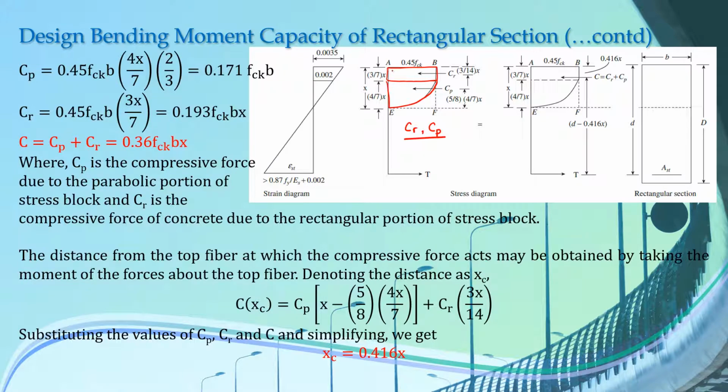So now how do you calculate the value of Cr? Cr is given by the area of this rectangle. So the area of this rectangle is length, we have 0.45 fck, and breadth is given by the value of 3 by 7 x. And finally, this is just the side view.